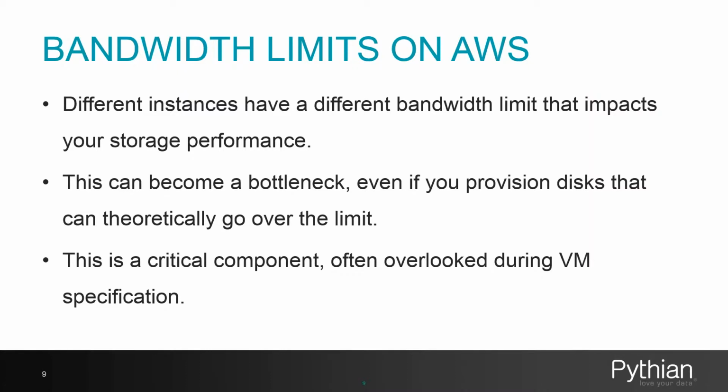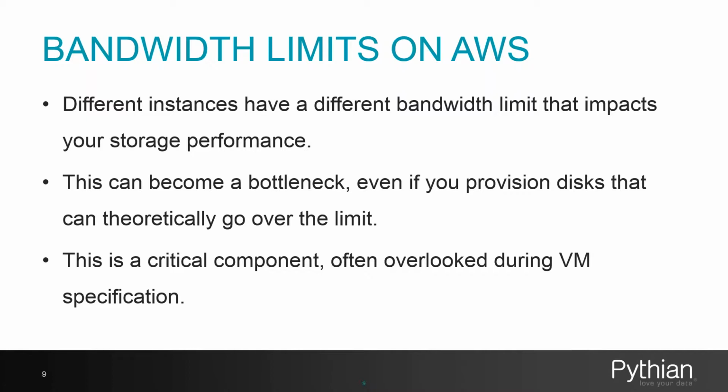Something else to keep in mind is the bandwidth limits on AWS. Different instances on AWS have different bandwidth limits, and this impacts your storage performance because the bandwidth can become a bottleneck. Even if you provision disks that can throw thousands and thousands of IOs, if you picked an instance model in AWS that does not handle that much bandwidth, then you're still going to be bottlenecked by the bandwidth first.